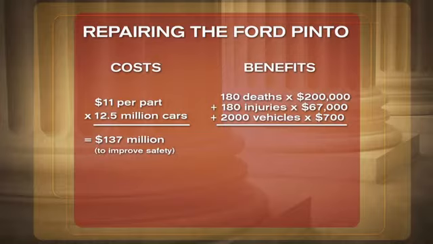So the benefits turned out to be only $49.5 million, and so they didn't install the device. Needless to say, when this memo of the Ford Motor Company's cost-benefit analysis came out in the trial, it appalled the jurors who awarded a huge settlement.